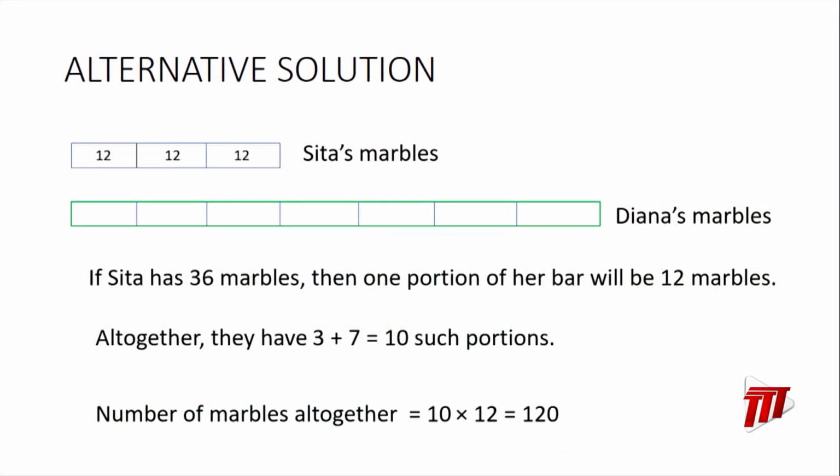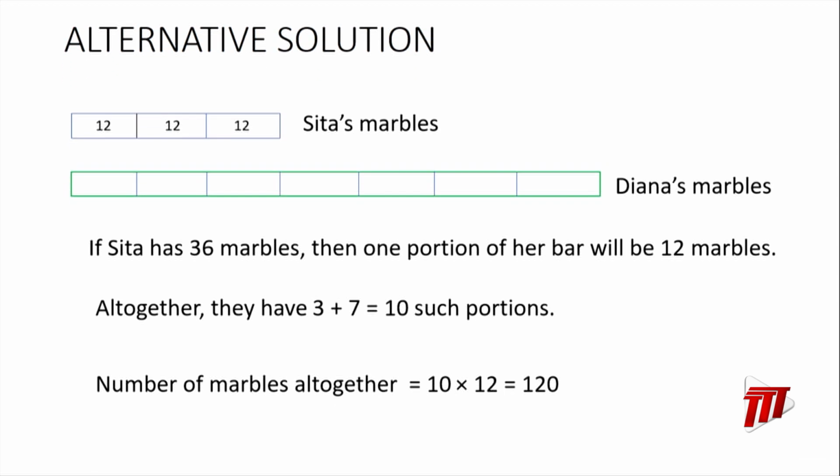All you have to understand is that the number of portions you have altogether is 10 portions. Each portion is 12, so you have 120 marbles. Okay? All right, so I've showed you 2 different methods of working out this question.